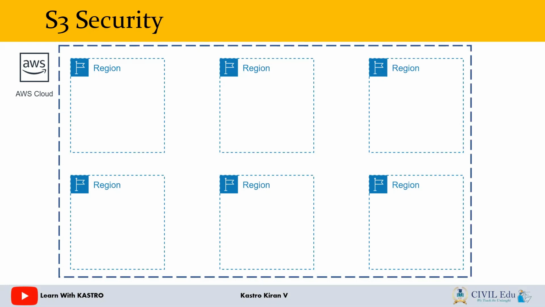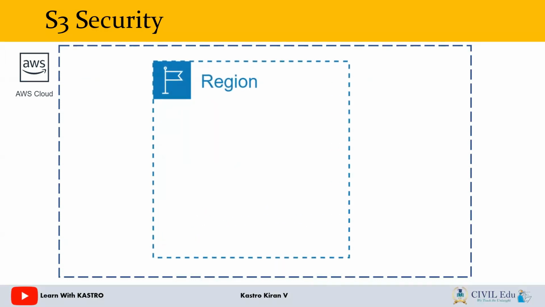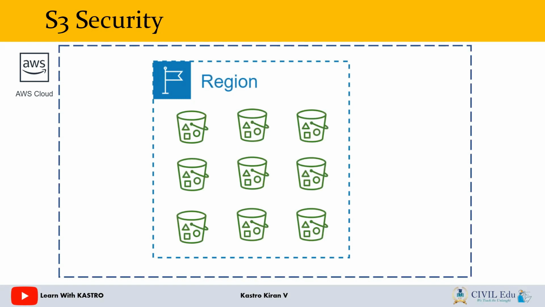Like this, different AWS accounts will be doing different activities in each of the regions that are available in AWS cloud. Now, let's say in one of the regions, multiple AWS accounts have created their S3 buckets and uploaded the objects into each S3 bucket. Assume that all these buckets belong to different AWS accounts.